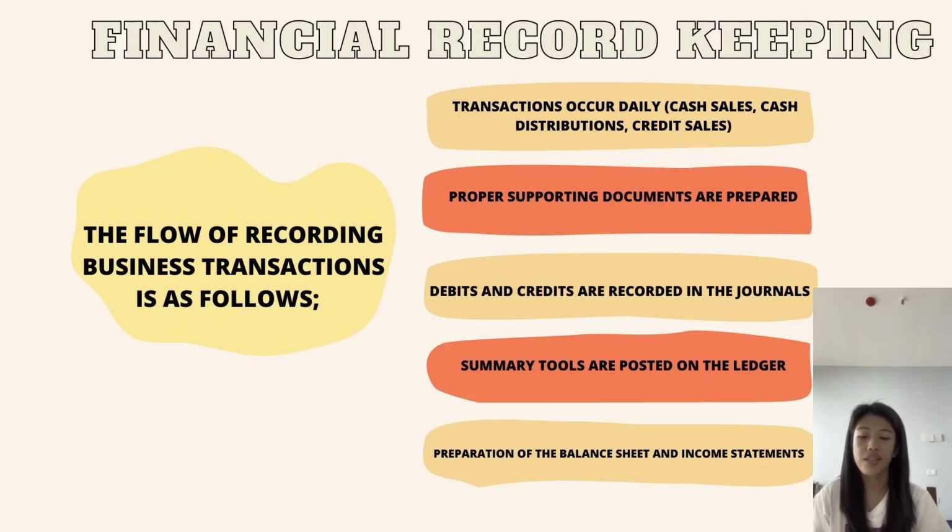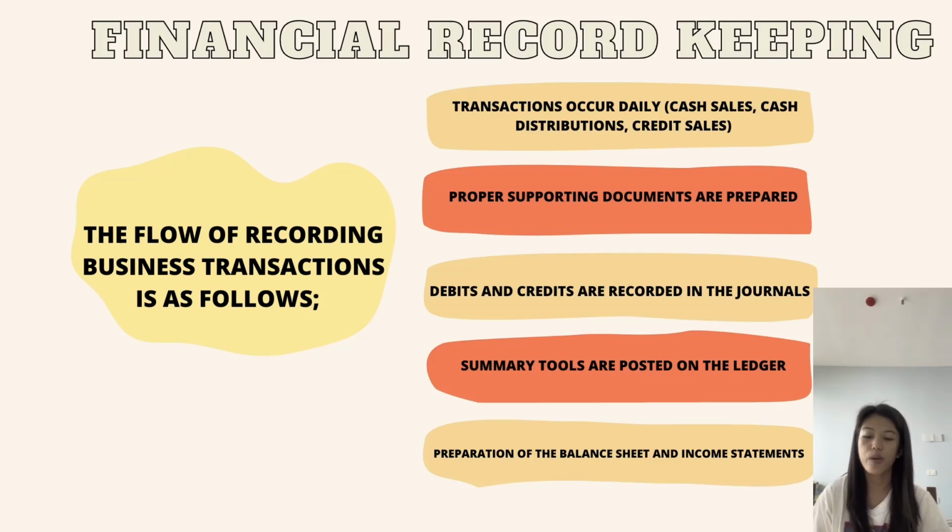So next step is financial record keeping. The flow of recording business transactions is as follows. First, transactions occur daily, which is mana siyang mag-record of bookkeeping, like a diary of your transactions each day. So dito niyo i-compile ang mga transactions like the sales, the cash distribution, the credit sales.